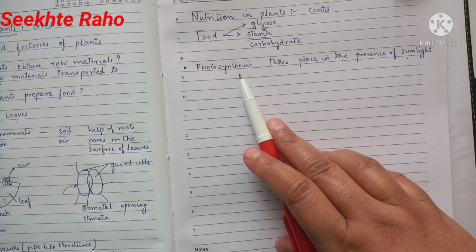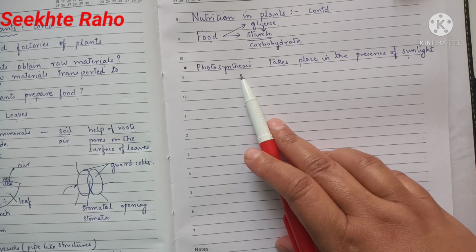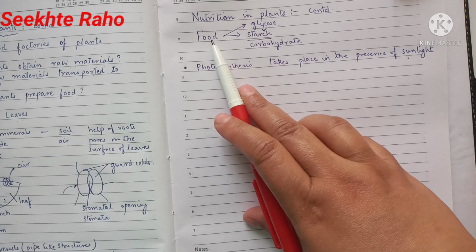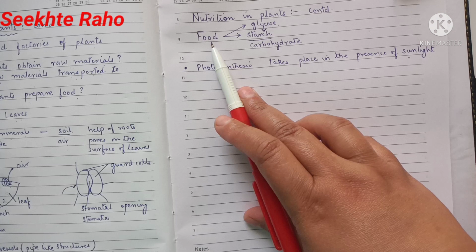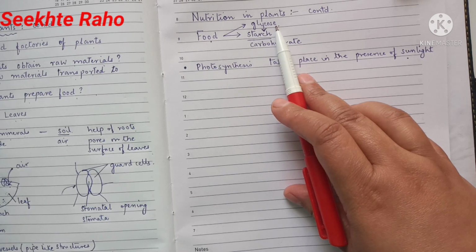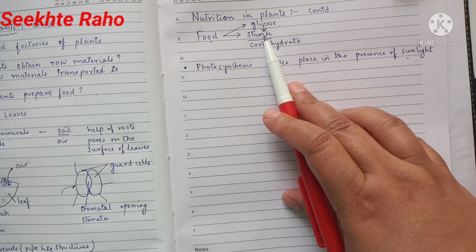But we have to explain this with the help of an activity, right? How will we do that? Before that, we need to know one thing, that food prepared by the plants is in the form of glucose, right? And then it gets stored in the form of starch.